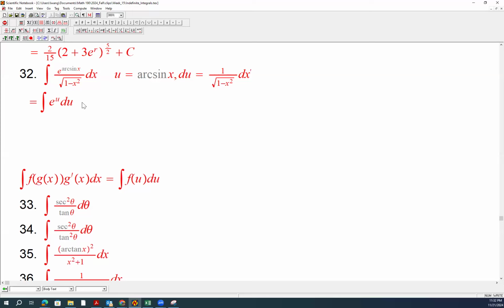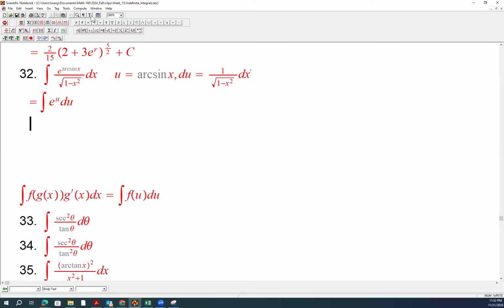After the substitution, it's pretty simple: e to the power u. And you want to make sure you show your work properly. In the end, substitute it back. Our u is arc sine x, so replace u and finish.